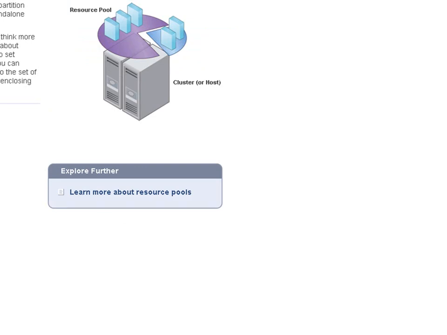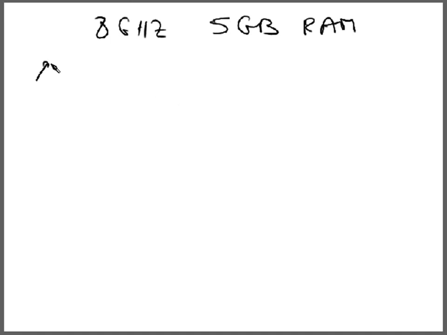Alright, so let's bring up that whiteboard and take a few examples here. So you have a host that has 8 gigahertz of CPU and let's say 5 gig of RAM. Now, let's say you have 2 virtual machines here, VM1 and VM2.